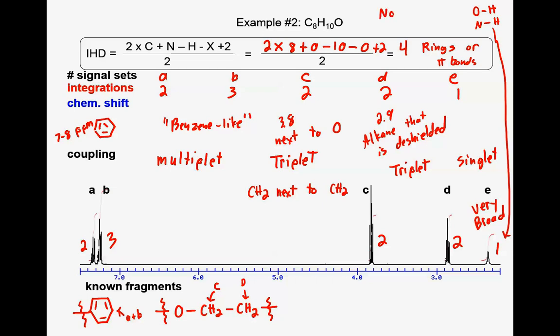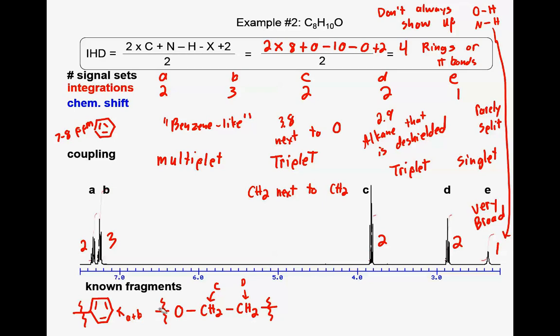So we'll say that these types of protons don't always show up, and finally, that they rarely show any splitting pattern.